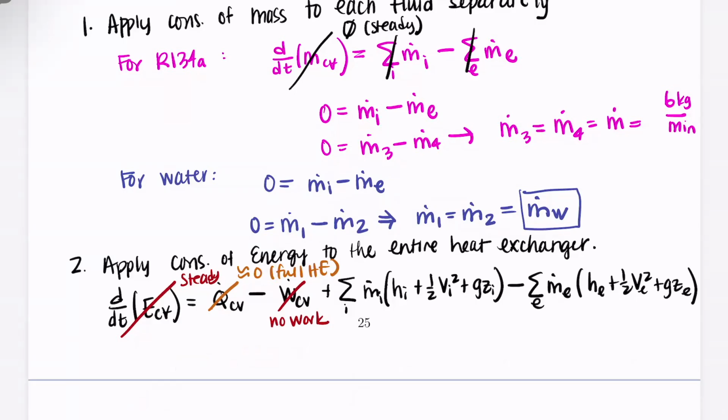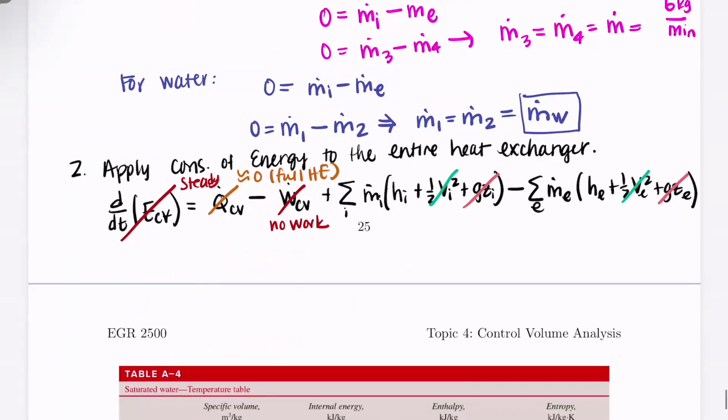And then we're also going to get rid of our kinetic energy and our potential energy because we're arguing that they are small relative to enthalpy. So we have 0 is equal to the sum of the inlet m dot times h minus the sum of the exit m dot times enthalpies.